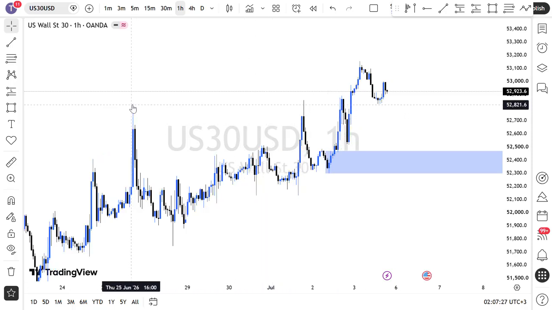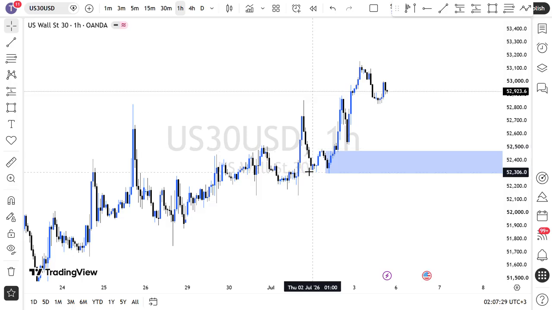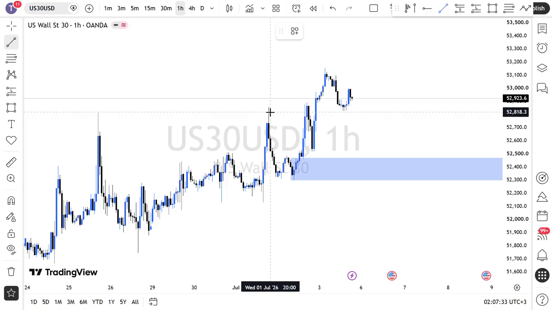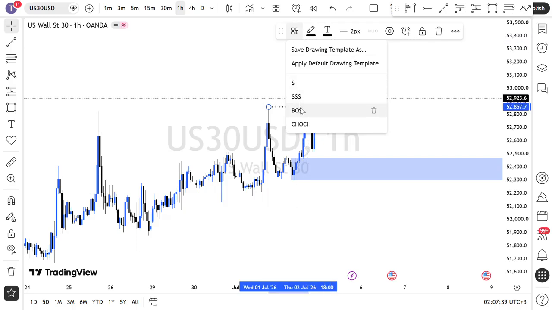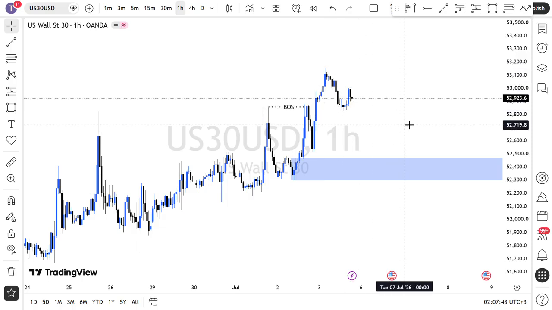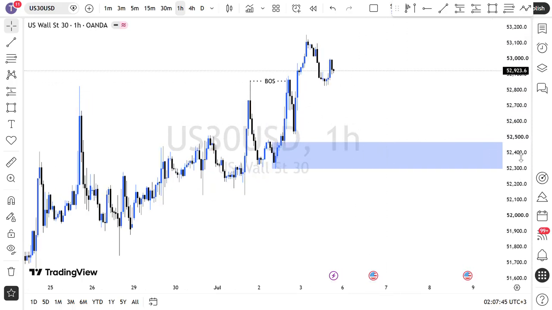Price came here, took out this high's liquidity, had a pullback into this area, and then we have a break to the upside. We have a very good break of structure here. Then we had this pullback, and then price continued going to the upside.